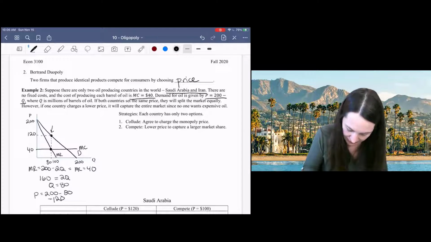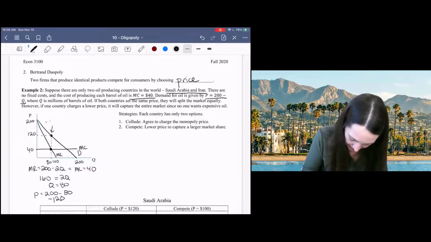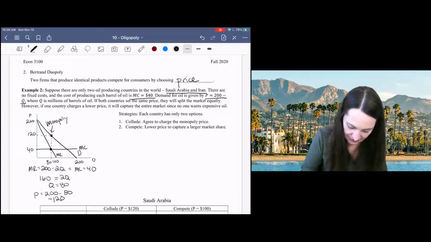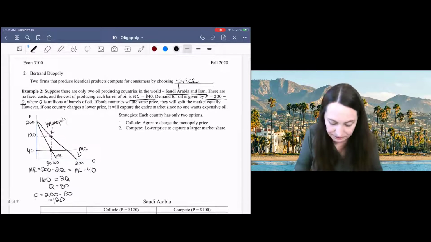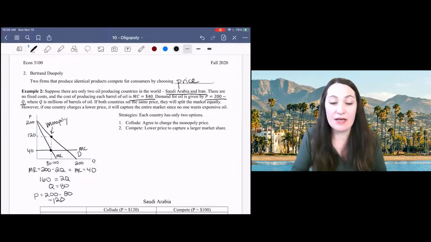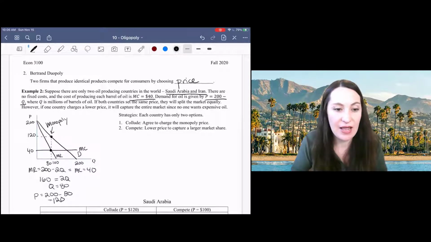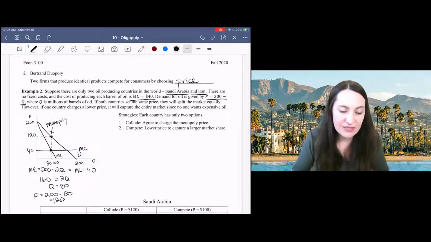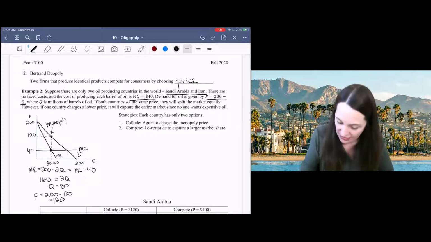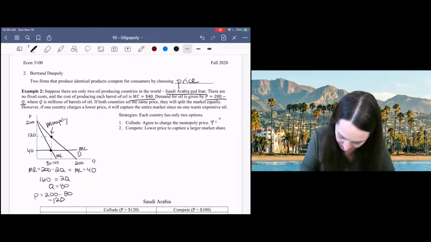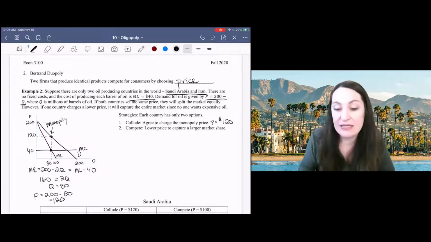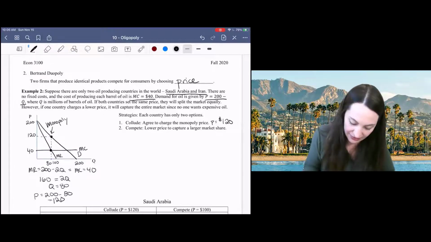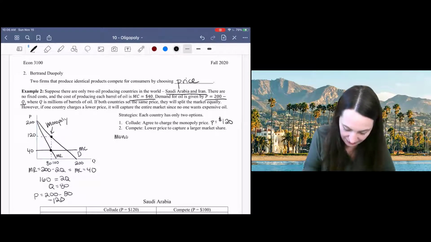All right, so here is the monopoly profit-maximizing price and quantity, which is going to yield the most profits possible in this market for these firms. So if they collude to set the monopoly price, practically that means they're going to set a price of $120. And how much profit will they earn? So let's calculate monopoly profit.